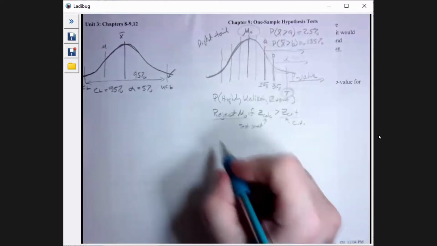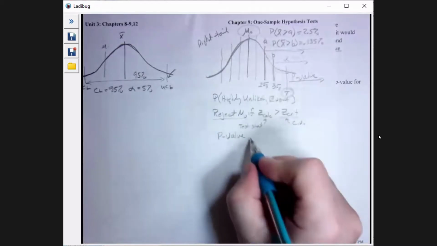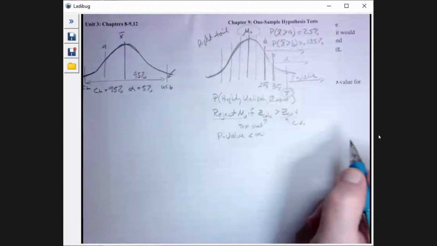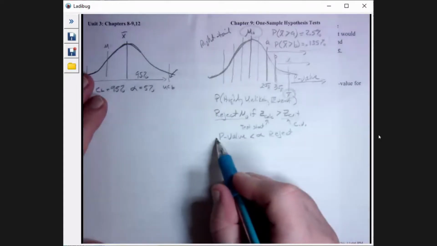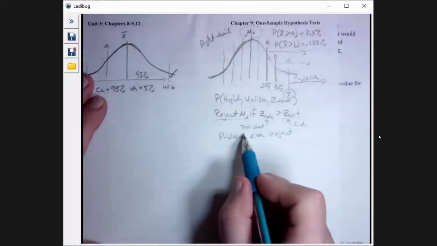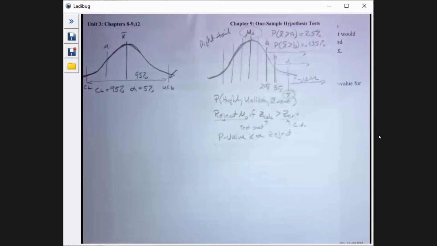So all I have to do is take my p-value and compare it to my alpha. And if my p-value is less than my alpha, I reject, because it means my test statistic is in the rejection region. So not only do I get my decision, but I get a measure of how strong the evidence is in support of that decision.